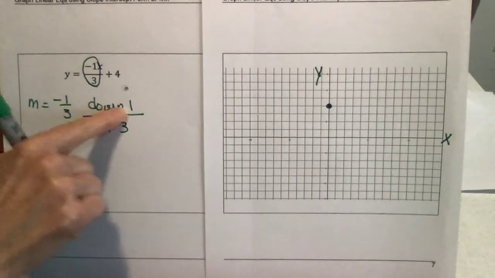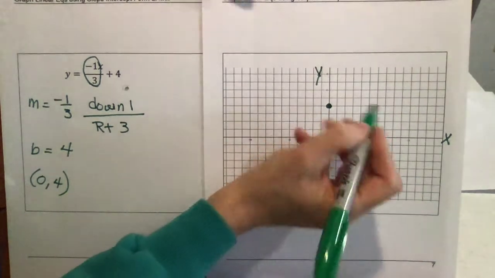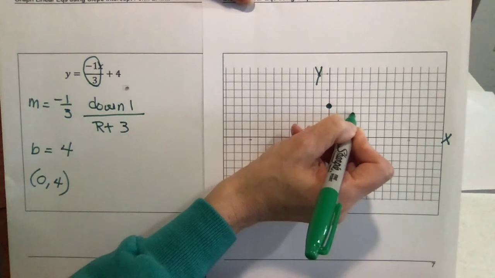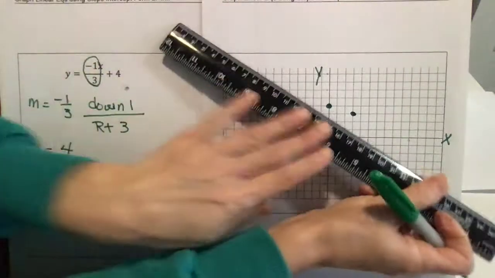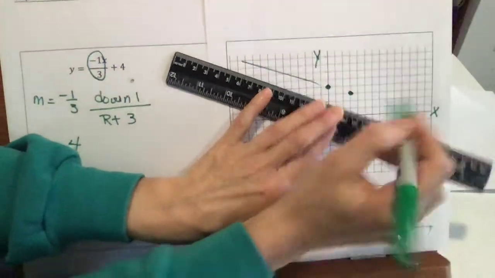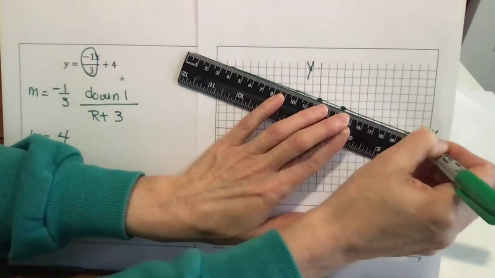The down takes care of the negative sign. So we're going to go from the point you graphed down 1, then 1, 2, 3 to the right. And take your ruler very carefully. Try not to let anything move.